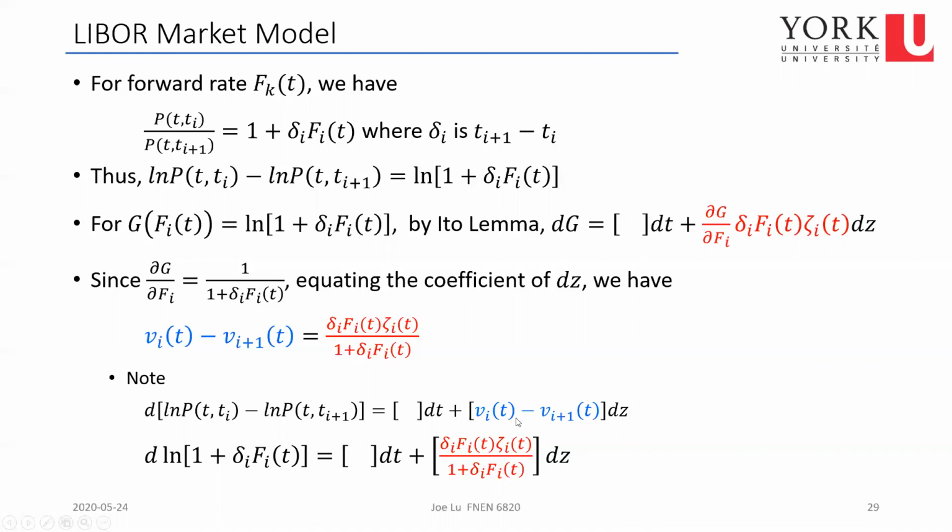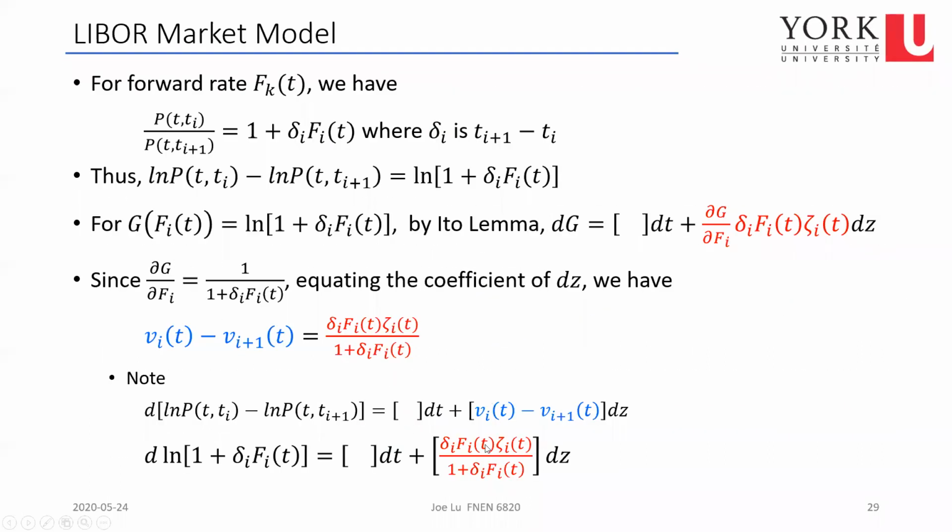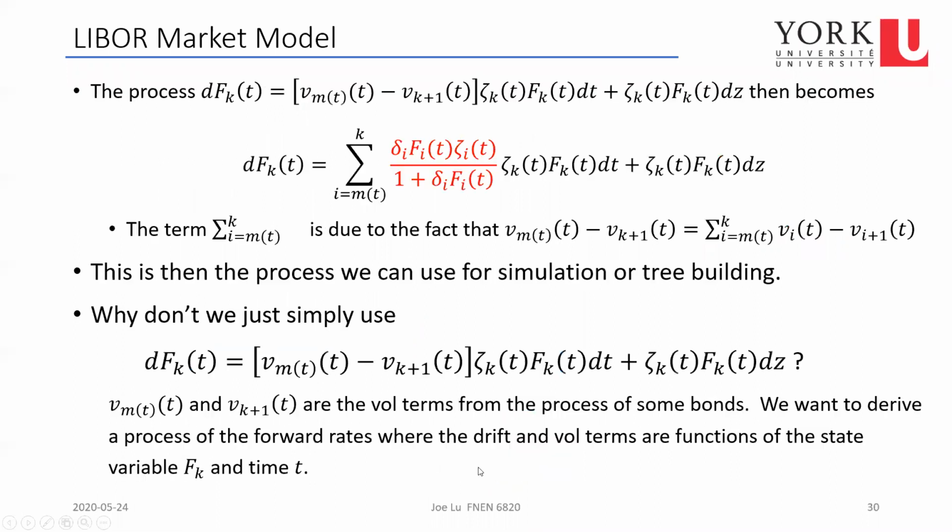Then you can substitute this into the expression that we have seen earlier. Here we were still using the volatility parameter for zero coupon bonds, but we now know how to substitute it. So now we have got our BGM process, or the LIBOR market model process, which is something like this.